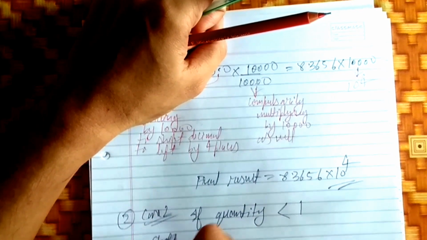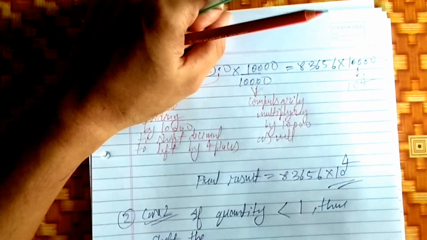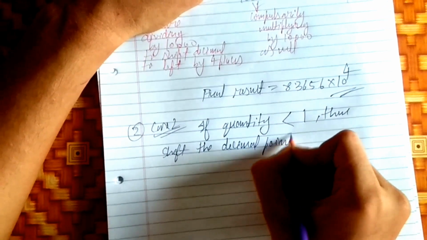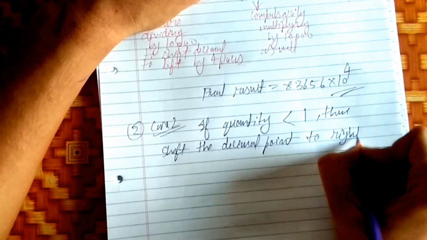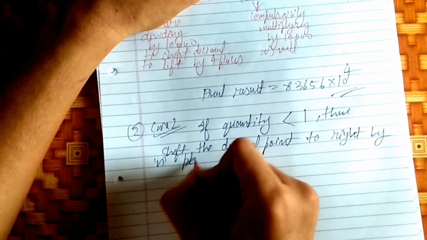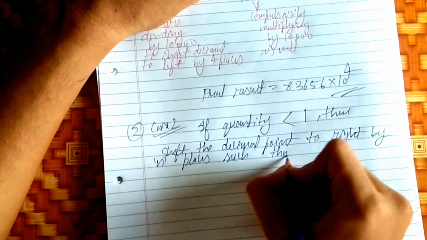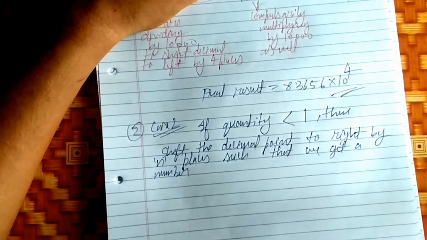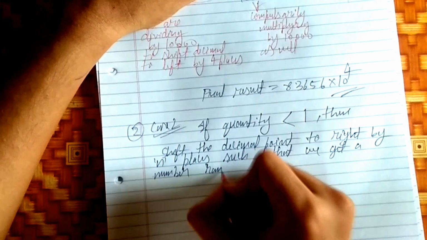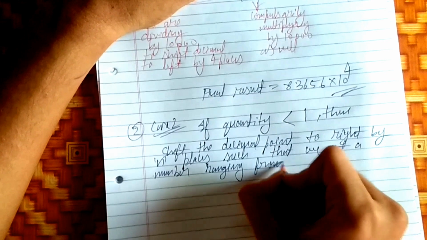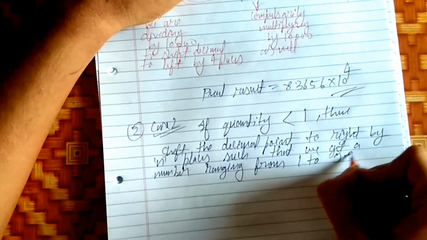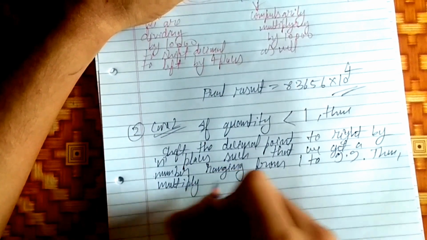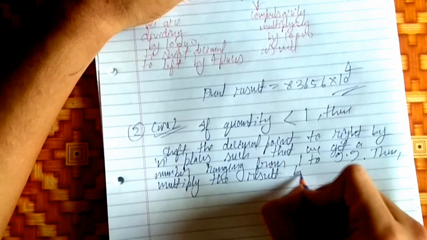Shift the decimal point to the right by n places, such that we get a number ranging from 1 to 9.9, and then multiply the result by 10 to the power minus n.